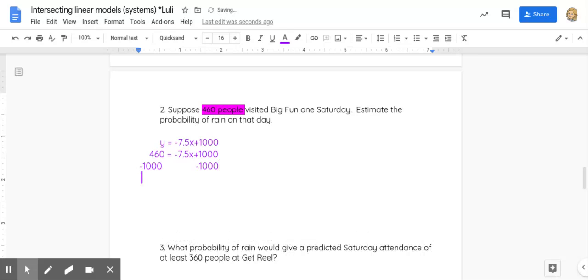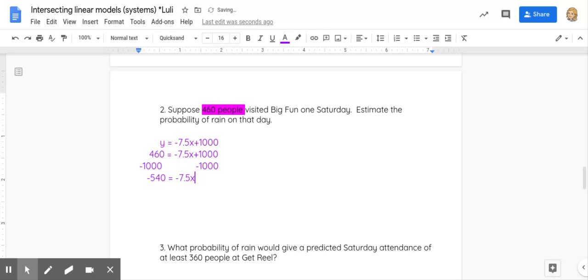So on the left, 460 minus 1,000. Type that in your calculator. It does equal negative 540. On the right-hand side, negative 7.5x, and then I have plus 1,000 minus 1,000. Those cancel each other out. All I'm left with is negative 7.5x.